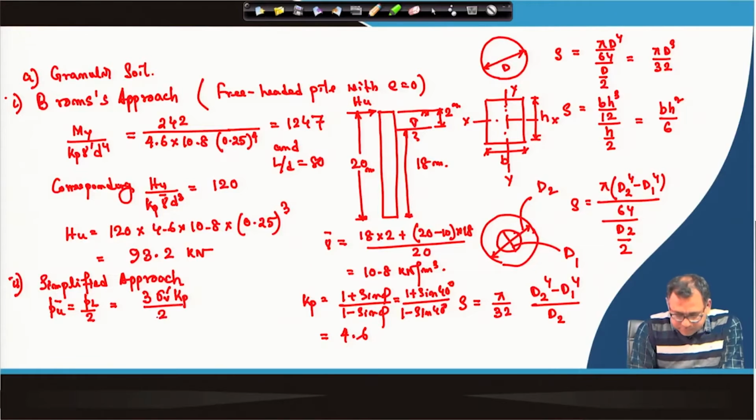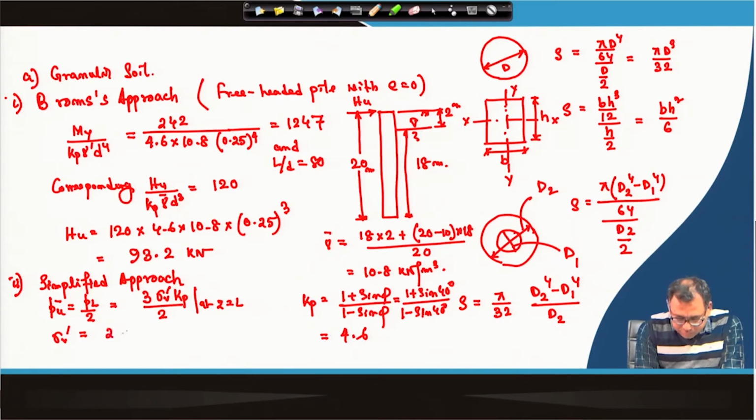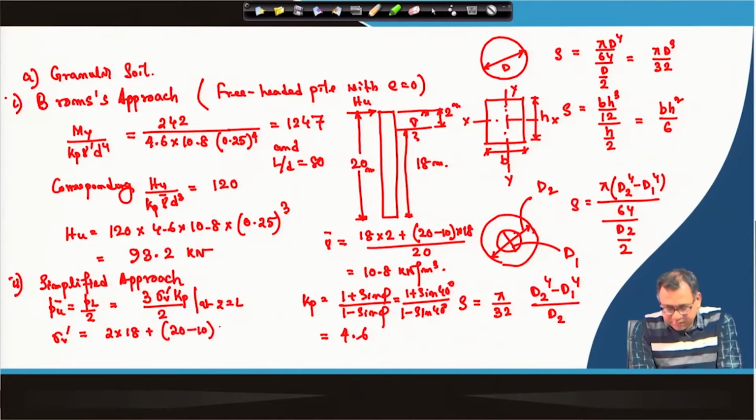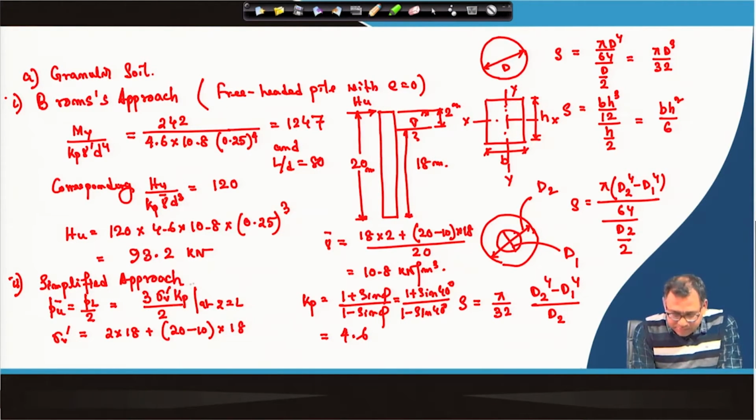That sigma v bar you have to calculate at z equal to L. So sigma v bar at z equal to L will be 2 into 18 plus 20 minus 10 into 18, and PL is 3 into sigma v bar Kp.